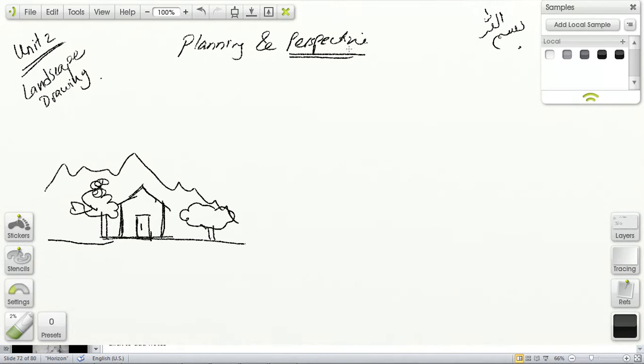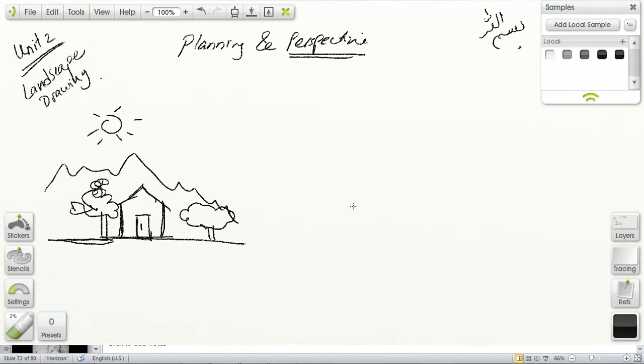The perspective is how do you make a three-dimensional looking object on a two-dimensional paper. Paper is of course two-dimensional, and how do you give the appearance of things that are real, the real appearance. For example, a child might draw a picture like this when they're small, but that's flat.